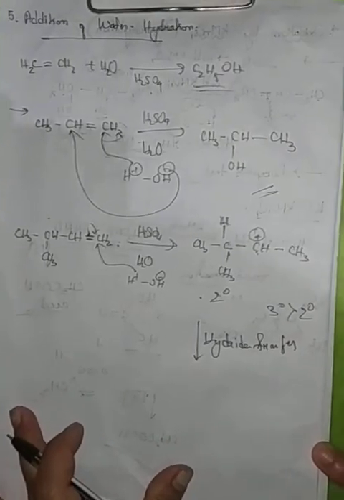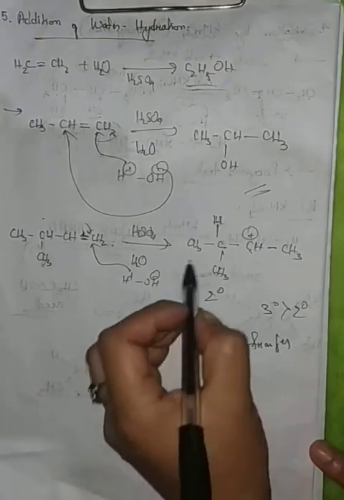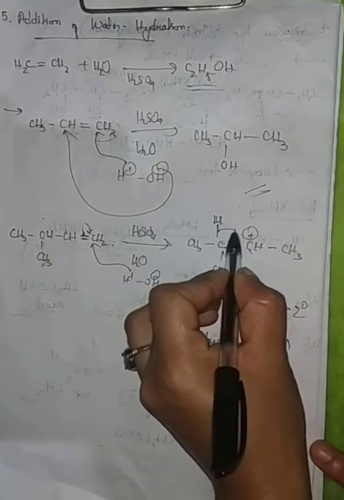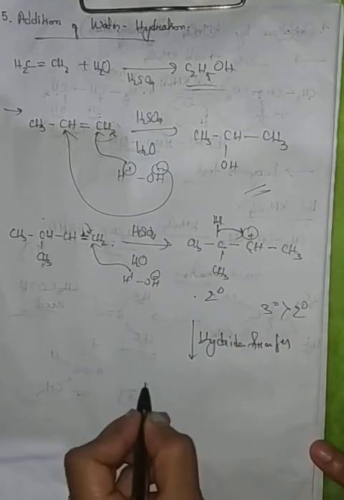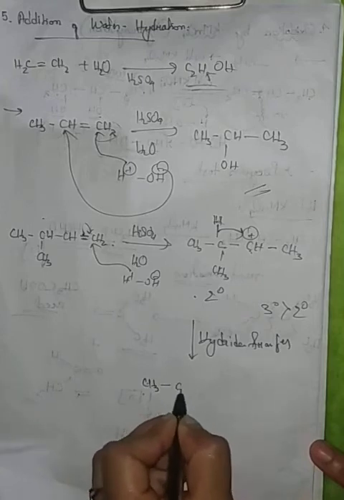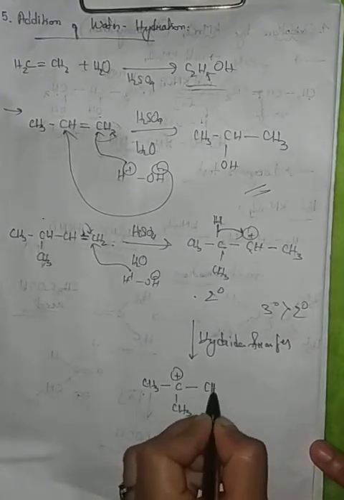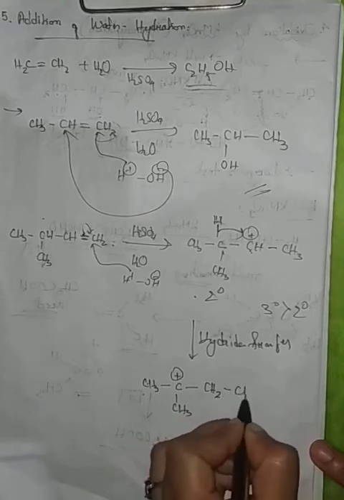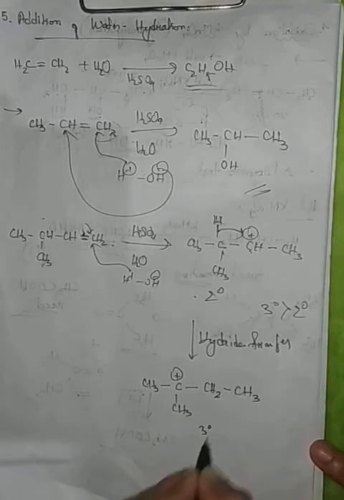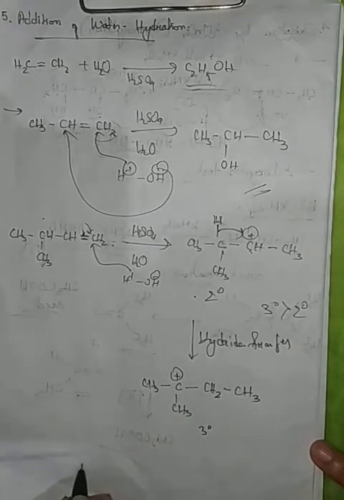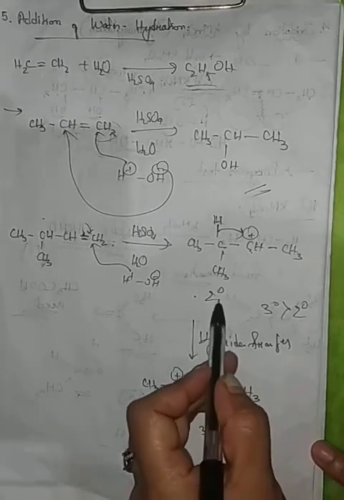If this hydride is transferred to this position, then we would be getting CH3 CH3. This carbon would become positively charged, this would become CH2, and this would be CH3. Now this is a tertiary carbocation which is more stable than the secondary carbocation.